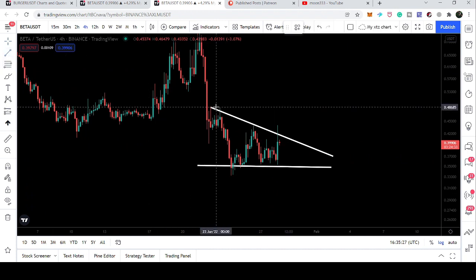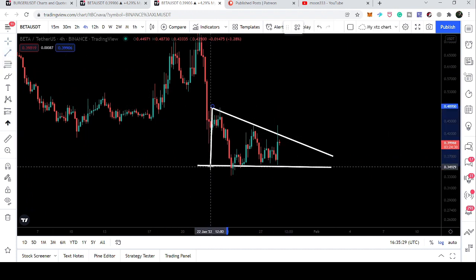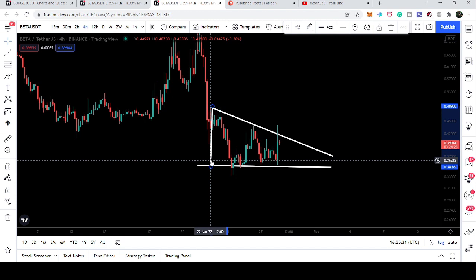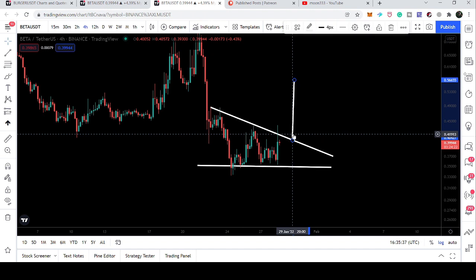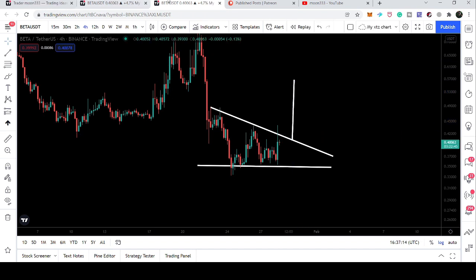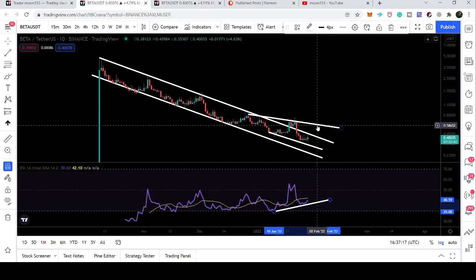Now, for example, if the price line breaks out this descending triangle on the 4-hourly time frame, then our next expected target will be approximately here at 56 cents. Then it can also reach very soon to this next additional resistance above the resistance of the channel that we have at approximately 58 to 59 cents.